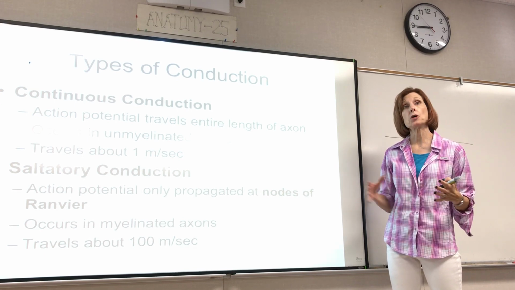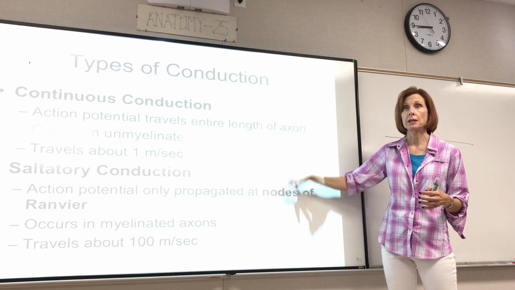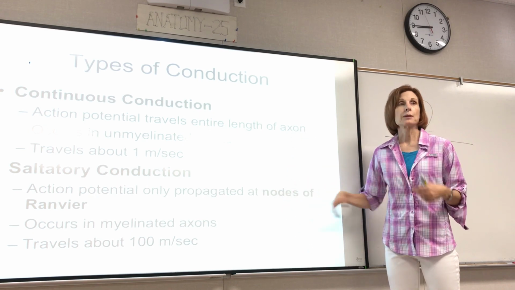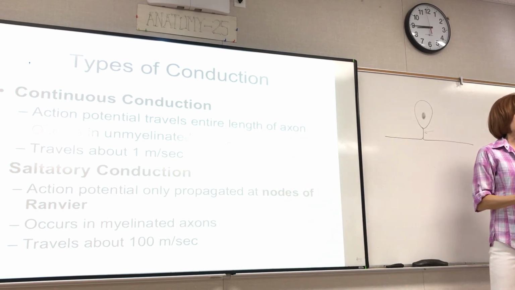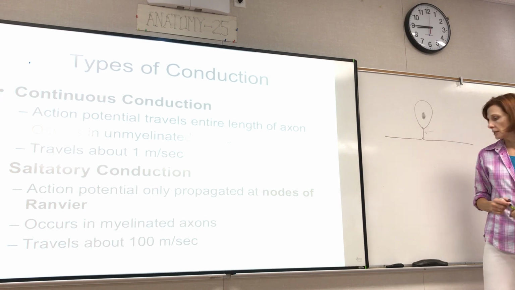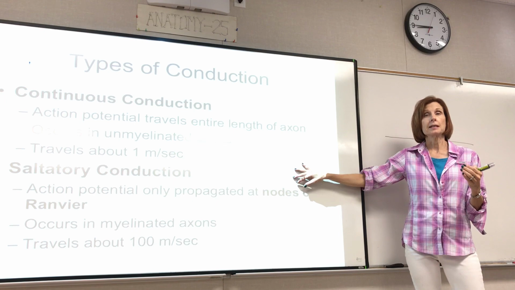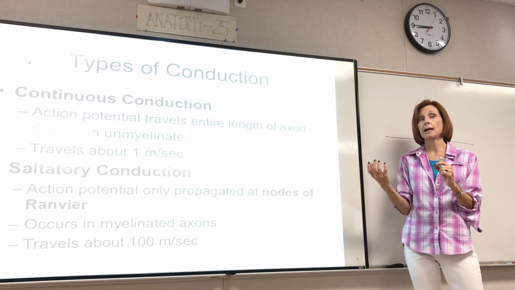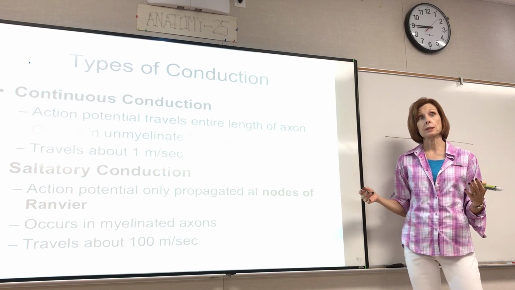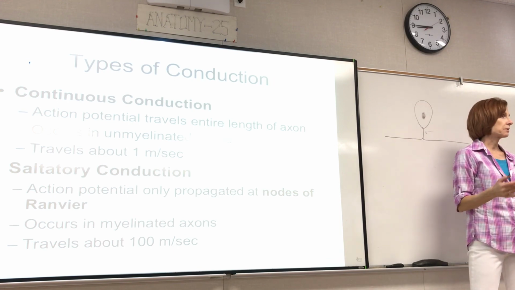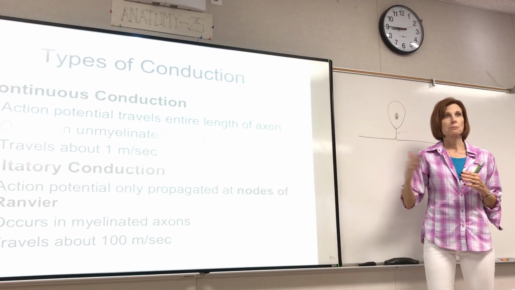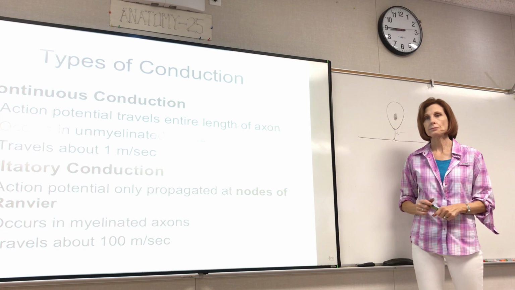Okay, so I'd like you to know about these two different types of conduction and whether they take place in myelinated or unmyelinated axons. So you can see how in people who have multiple sclerosis, if their myelin sheath is breaking down, it will affect how the action potential travels, and it can actually prevent the action potential from being transmitted at all.